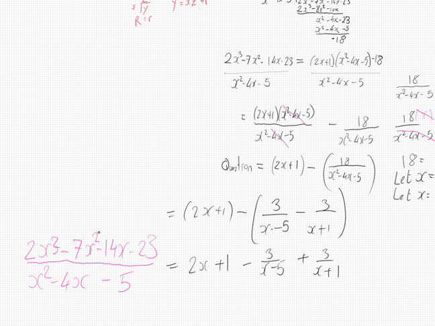It's easy. What's the antiderivative here? X squared plus x minus 3 log x minus 5 plus 3 log x plus 1.